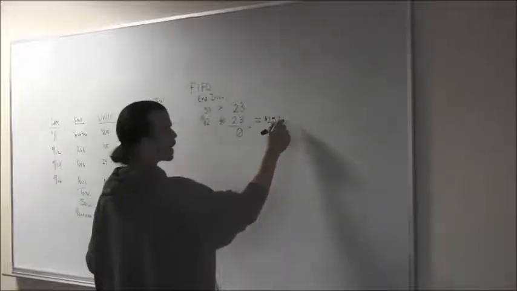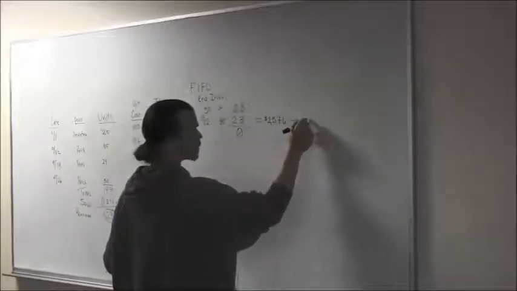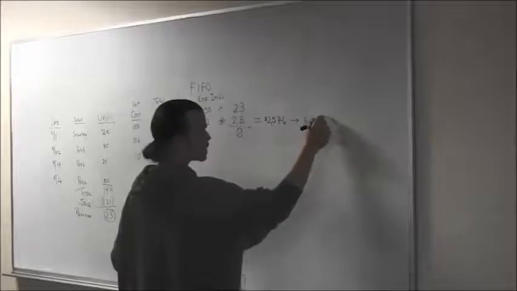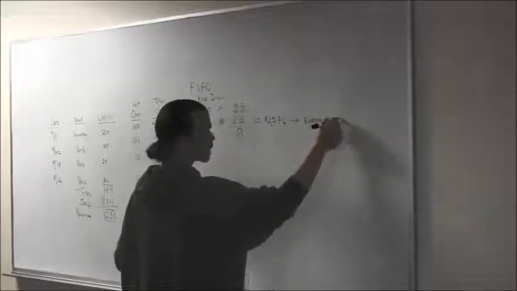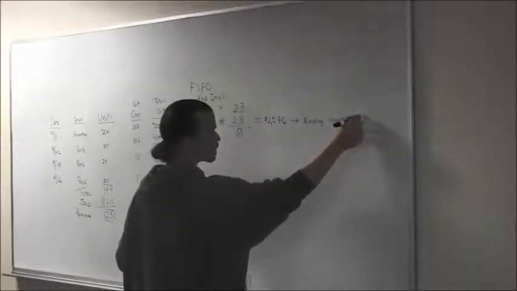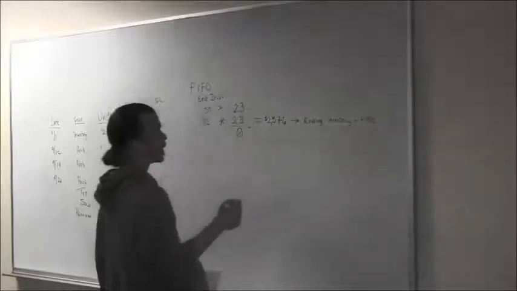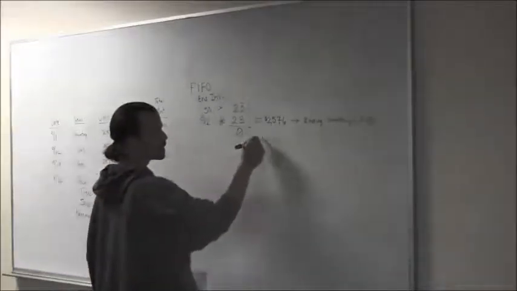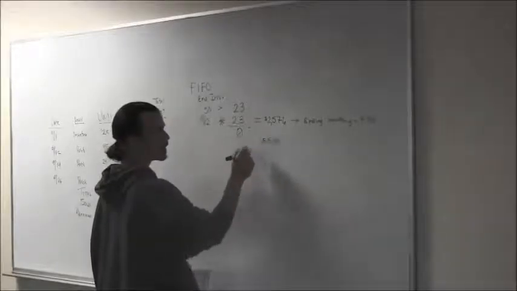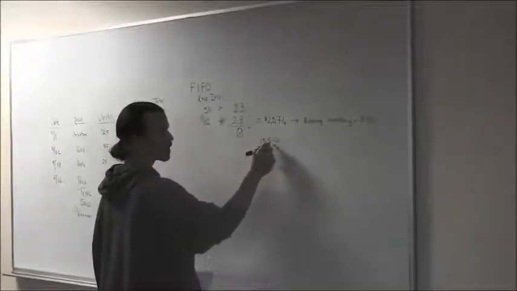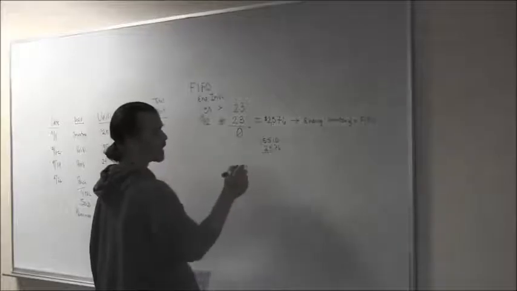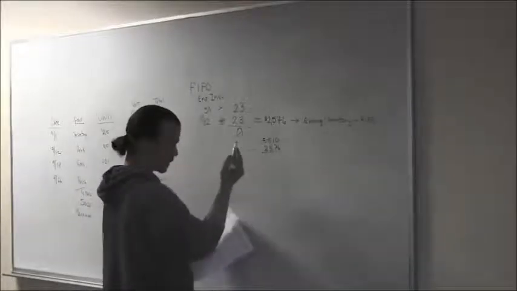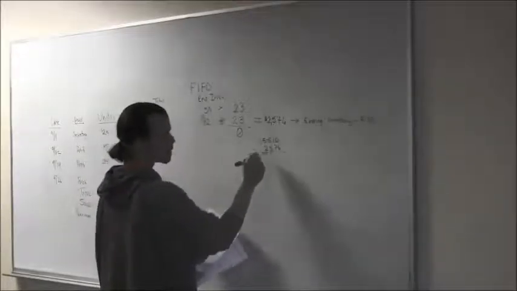That is my ending inventory for FIFO. If I know I have a total cost of 15,510 and an ending inventory of 2576, then my cost of goods sold is the difference.